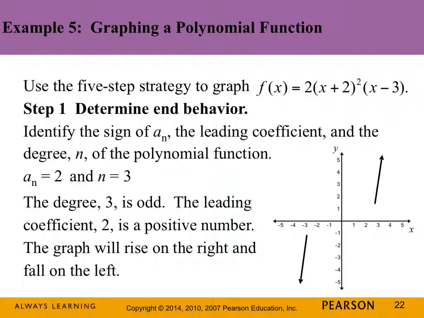Step 1, you want to determine the end behavior. Remember, we need to use the lead coefficient test. The lead coefficient here is 2, and the degree of the polynomial. You may be like, wait a minute, what do you mean it's degree 3? Well, this is degree 2, right? But this is also degree 1.